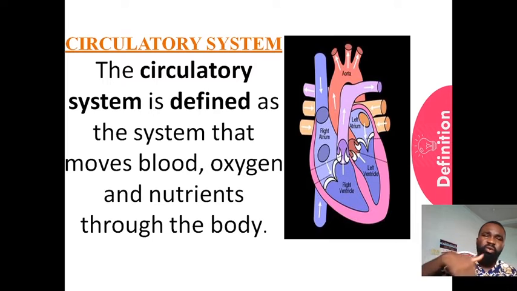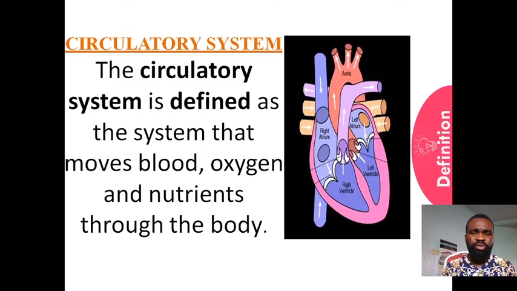From the word circle, we have circulates and circulation. For something to be in circular form means that it is round, rotating. It therefore means that it is in movement. So when we are talking about the circulatory system, we are saying the movement of blood, oxygen, and nutrients through the body.